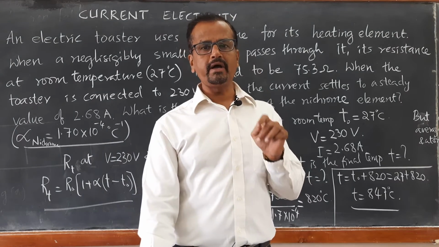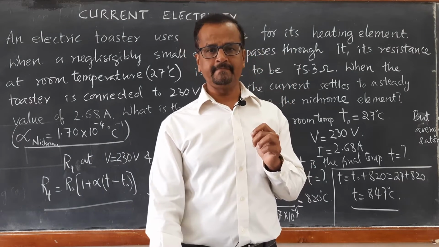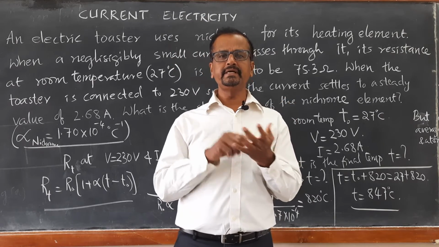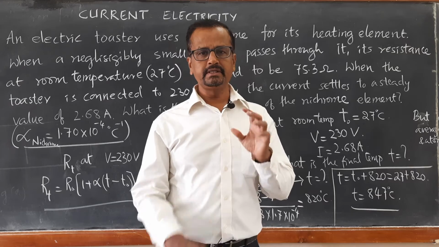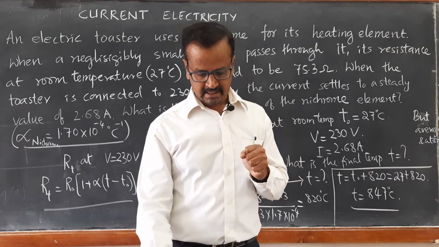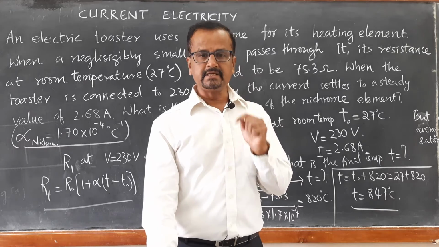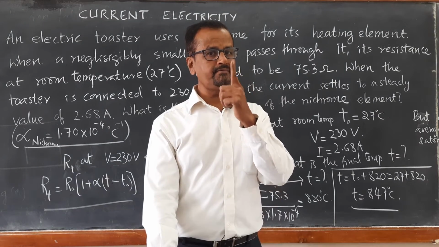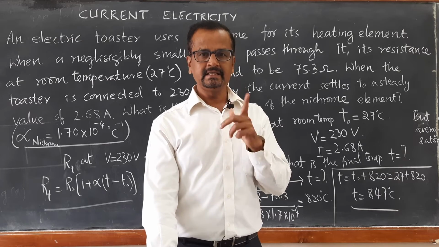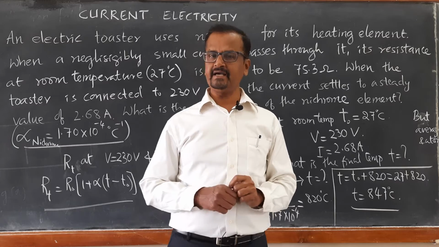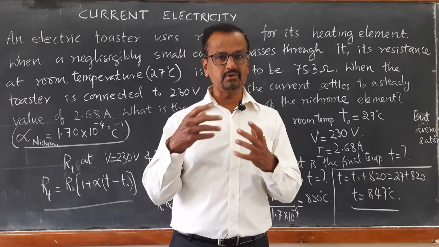Whereas the nichrome coil, which is a specially prepared alloy using nickel, chromium and iron, gets heated up strongly. The reason is its resistivity, as we discussed yesterday, is 100 into 10 to the power of minus 8, that is 10 raised to minus 6 ohm meter. Its resistivity is higher, therefore it becomes hot.